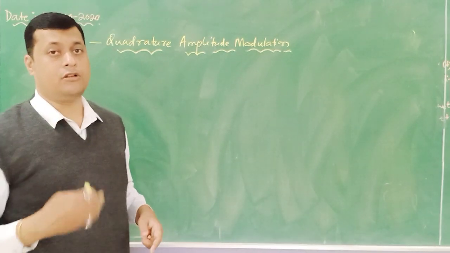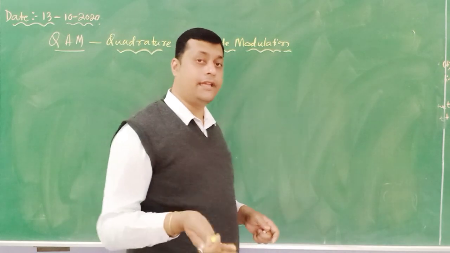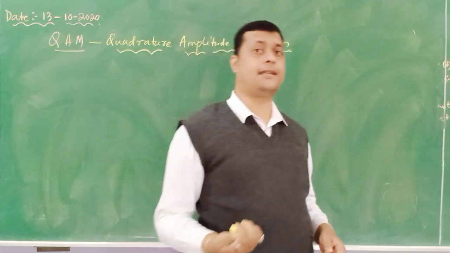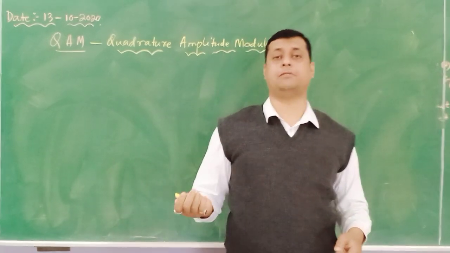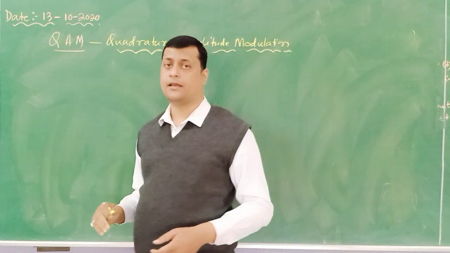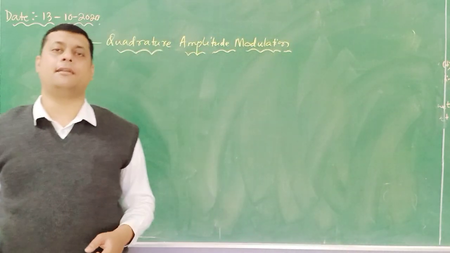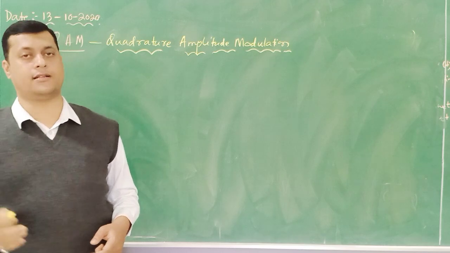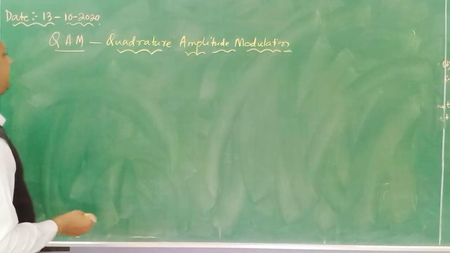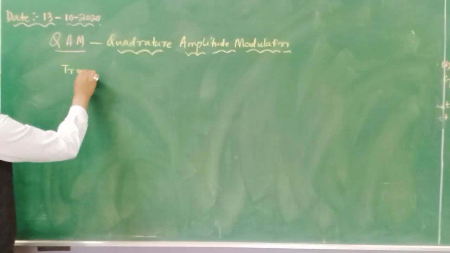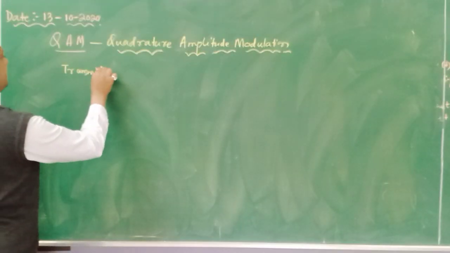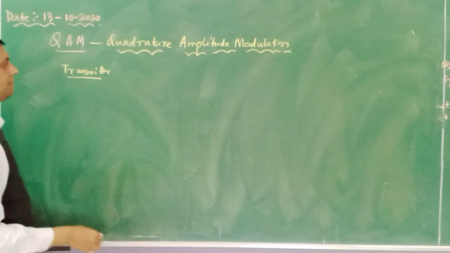One modulated signal will be in phase and one modulated signal will be out of phase by 90 degrees. For that 90 degree phase shift, it is called quadrature modulation. So first I will discuss the transmitter part, and then we will discuss the receiver part.